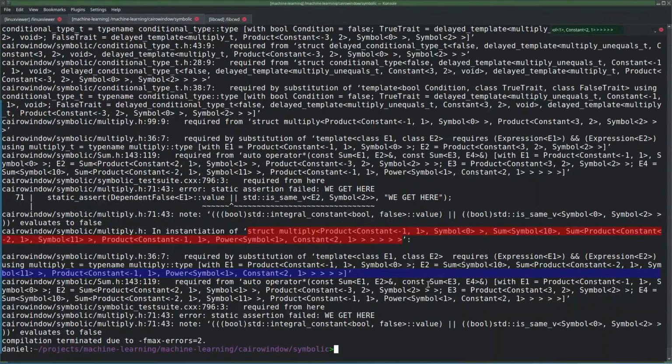Finally, now I get only one error. Oh no, actually it doesn't. It still says we have two errors. We still have two static asserts. What the really?